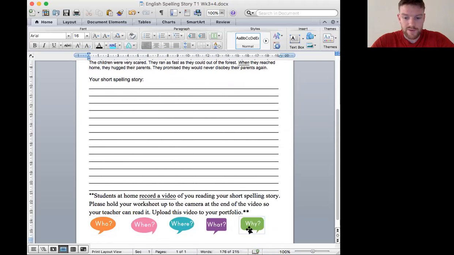There's 5 question words at the bottom, just to help you. When you're finished, you can have a look and see if you've included everything. Who's in the story? When does it take place? Where does it take place? What happens? And why does it happen? Or how is it resolved?